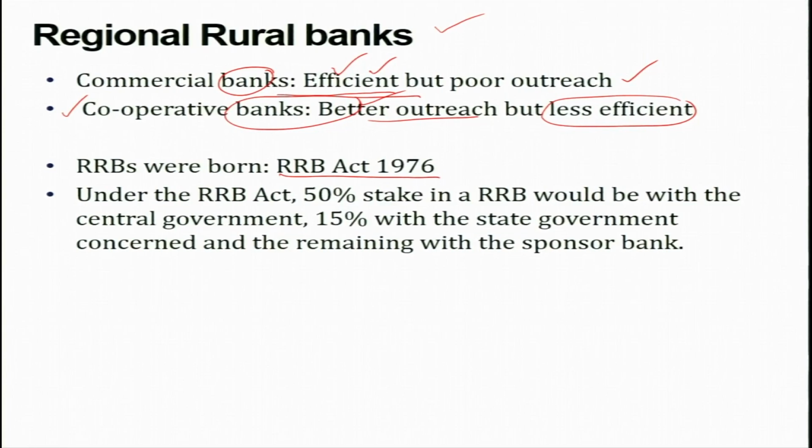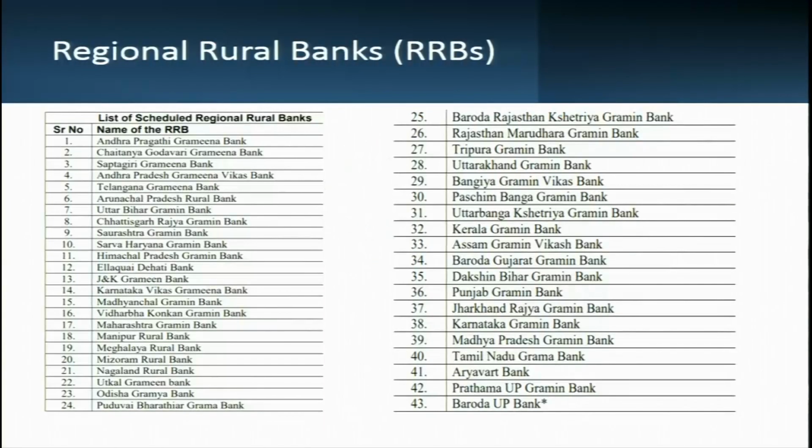Under the RRB Act, 50% stake in regional rural banks is with the central government, 15% with the state government concerned, and the remaining 35% with the sponsor banks. That means one of the commercial banks will sponsor the respective regional rural bank. So these are the list of regional rural banks.